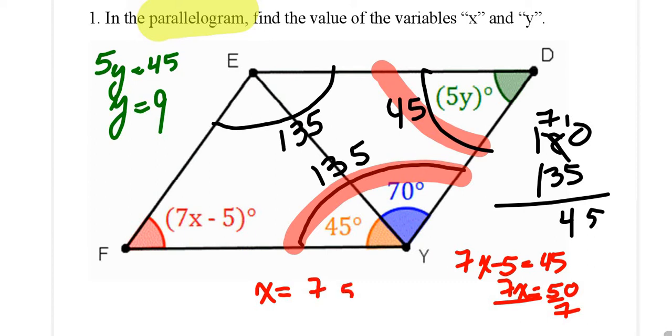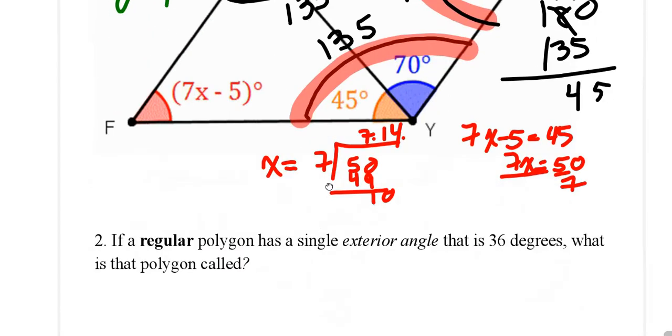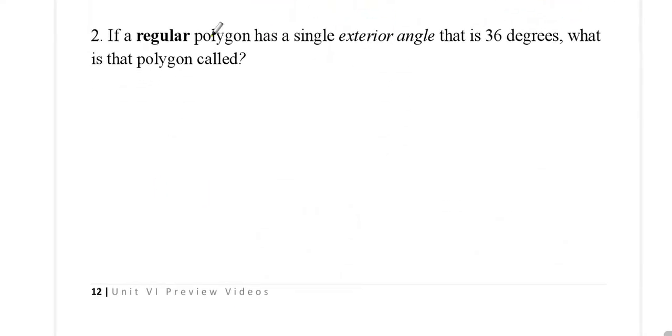So 7 goes into 50. The highest number there is 7, and that's 49. And 10, that goes in there one time. And you get a 3 left over, and that's a 4, so 7.14.